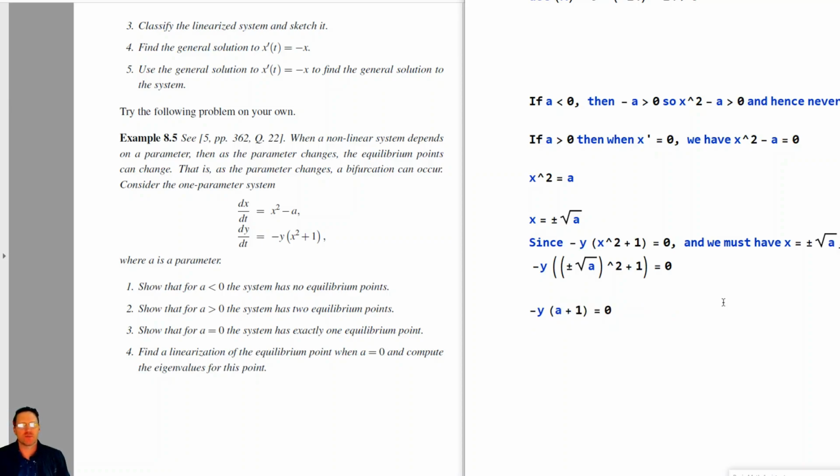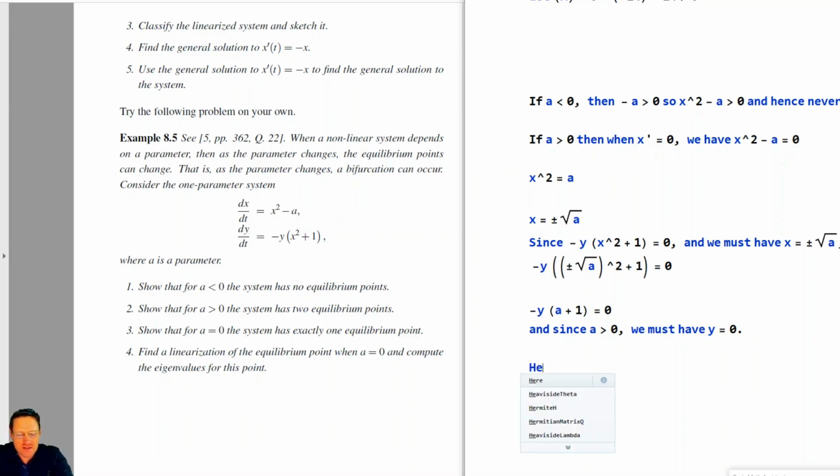So we have this, but we know here that A is positive. So since A is positive, we must have y equal to 0. That's the only way you can get 0 out of that. Okay, so there are 2 critical points or equilibrium points.